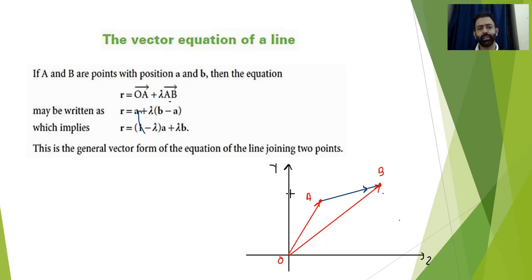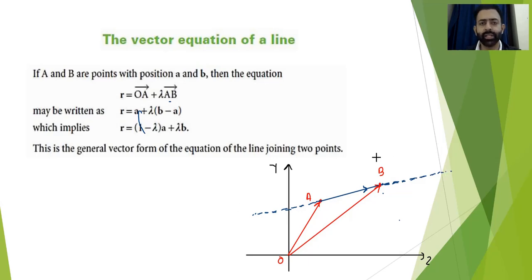Now, the vector equation of a line means that if I extend this vector AB in the direction of AB, I will get a straight line.